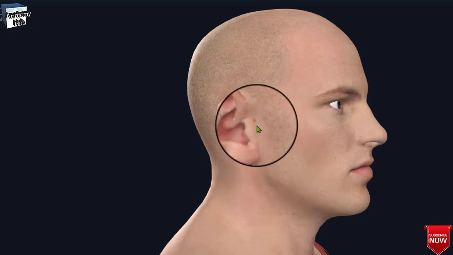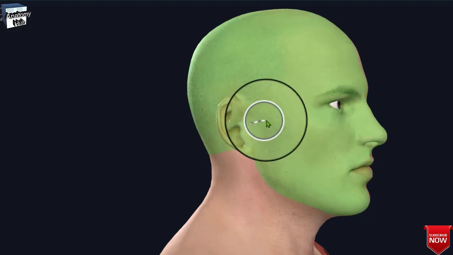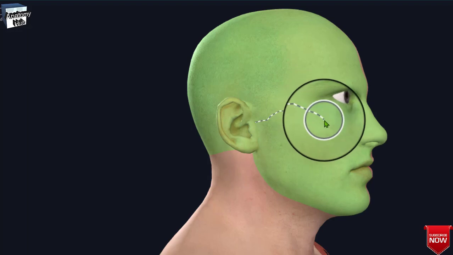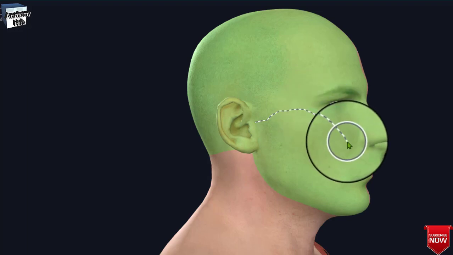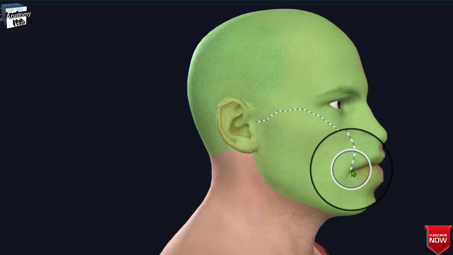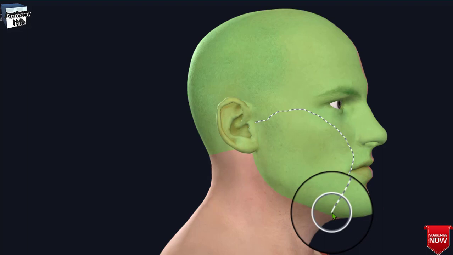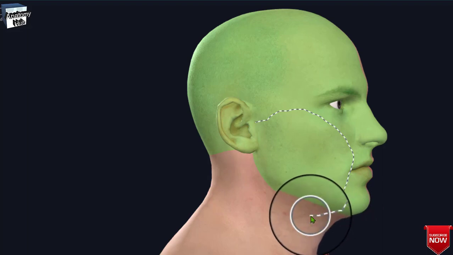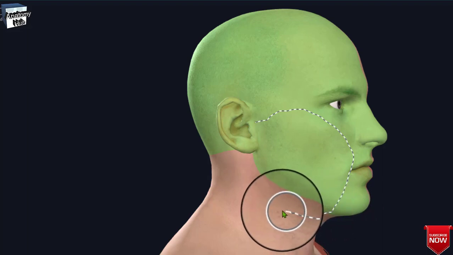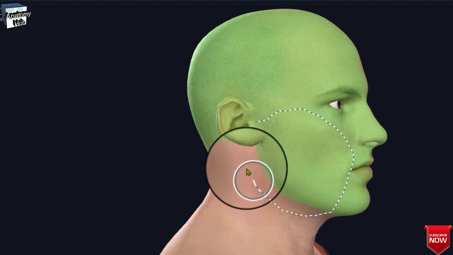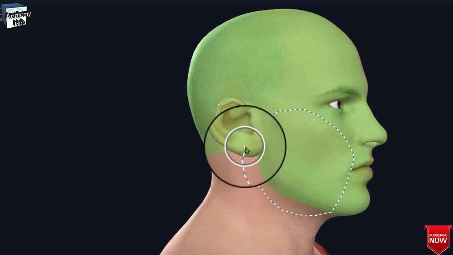We will make a cut from the zygomatic arch above, surrounding the orbicularis, and down to the base of the mandible, about 2 inches below.